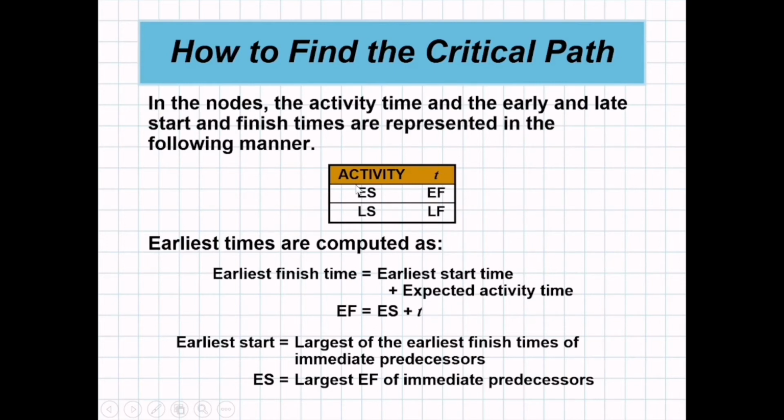This is given and this is given. Earliest start plus time in every activity is equal to the EF. Then earliest start is the largest of the earliest finish times of the immediate predecessors. So largest EF of the immediate predecessors.